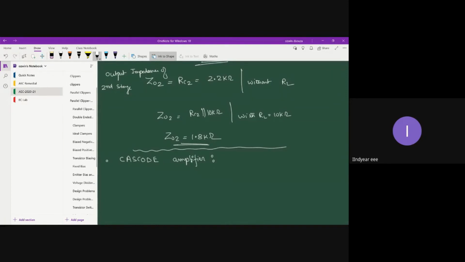Cascode amplifier, or you can also say cascode connection. So this cascode amplifier is also a multi-stage amplifier.